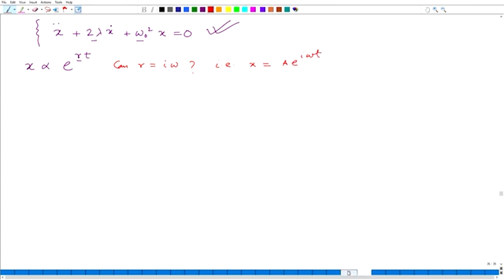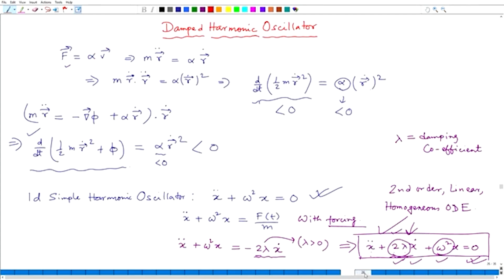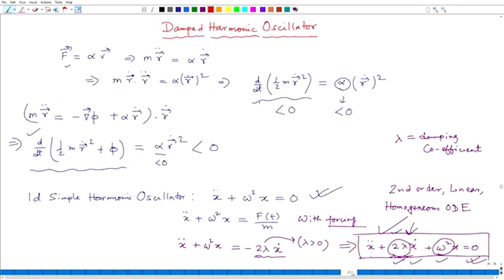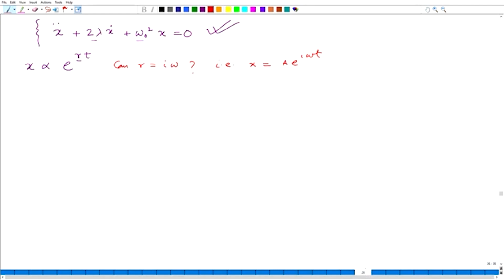Let me just give a clarification over here. Up to this point I just wrote omega. Okay. Whenever we are talking about the case of a damped oscillator, it is always good to write this omega square as omega 0 square. Okay. So, I then just call omega 0 the natural frequency.